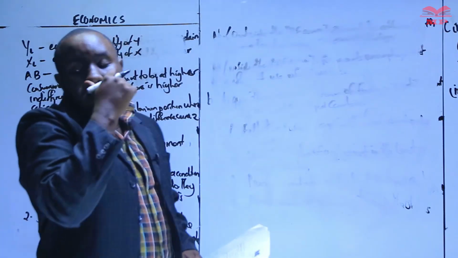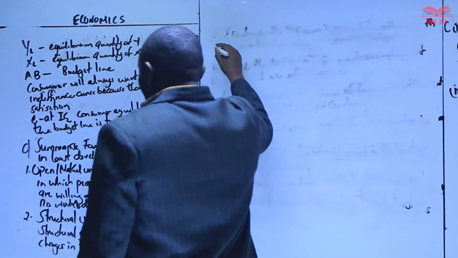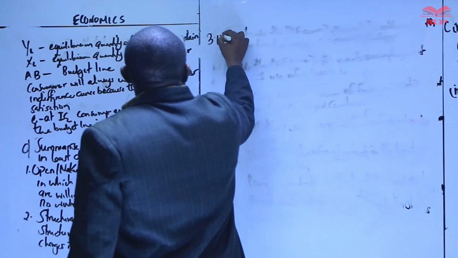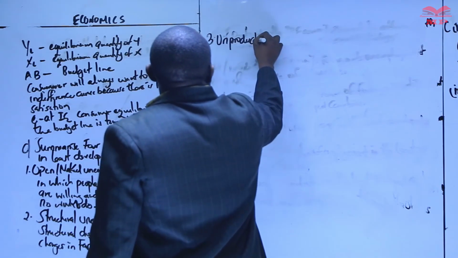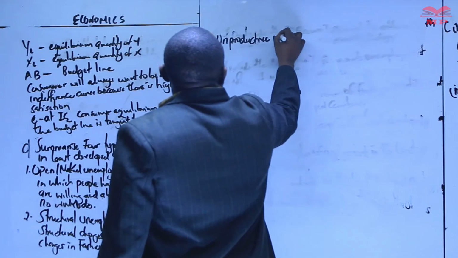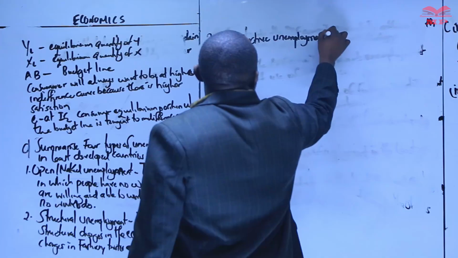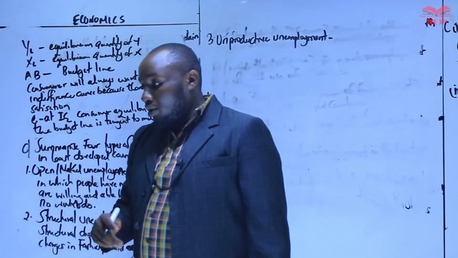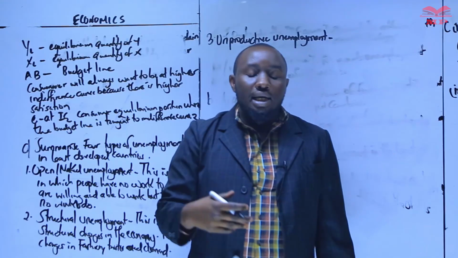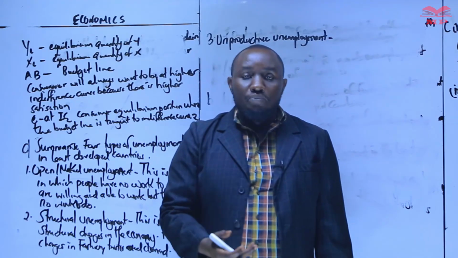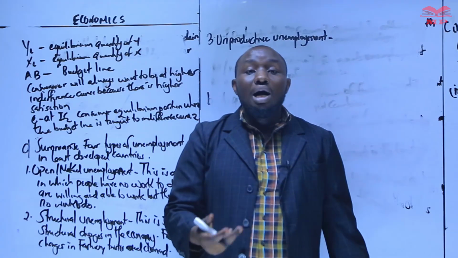The next, number 3, we call the unproductive unemployment, as one of the types of unemployment that occurs in least developed countries. When you talk about unproductive unemployment, workers do not have the necessary tools of work.